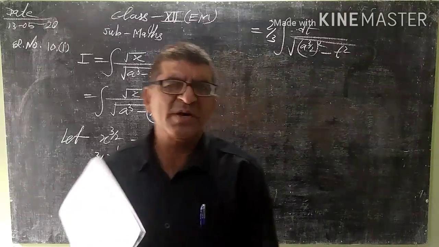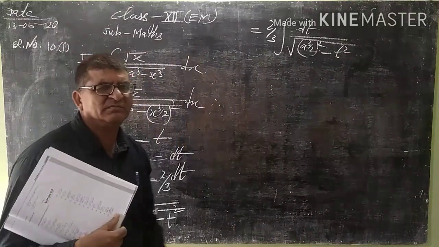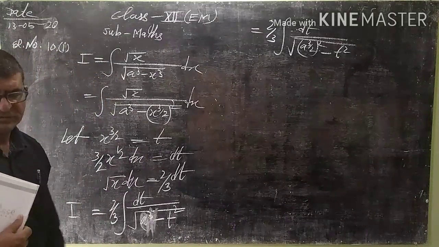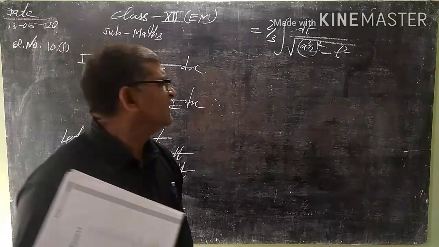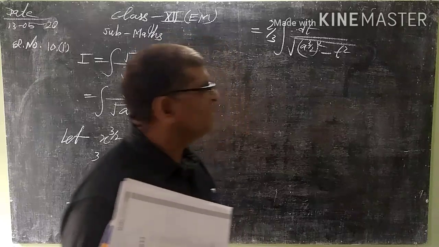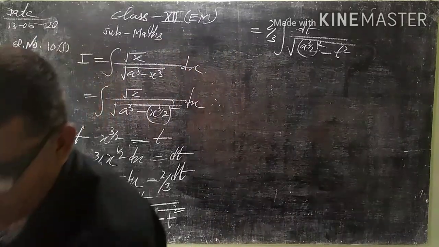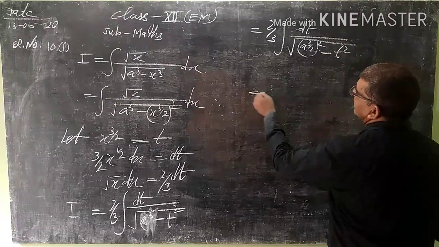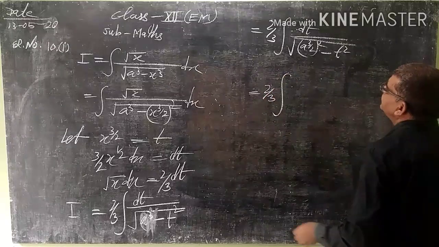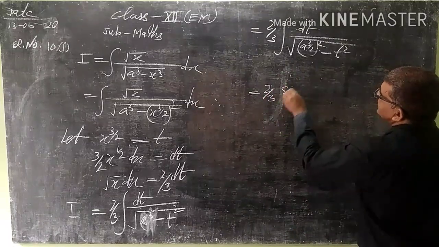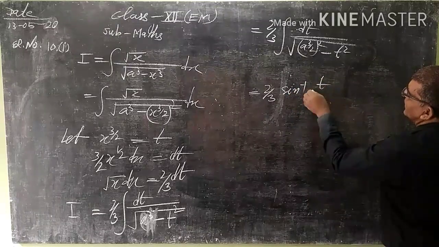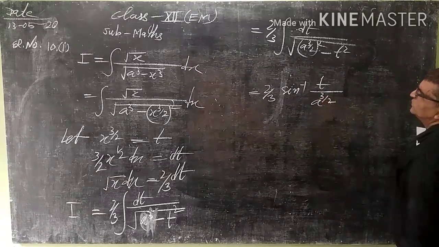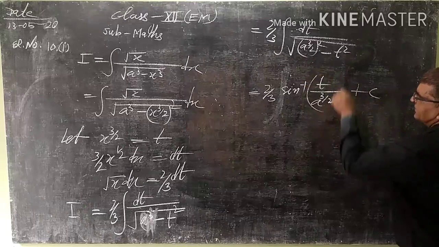Now, dear students, it is in standard form, you see. Then we can apply the formula. Which formula we have to apply? The formula sine inverse x upon a. Then apply the formula and find out the solution. Equal to 2 upon 3 sine inverse t upon power of a 3 by 2 plus c.